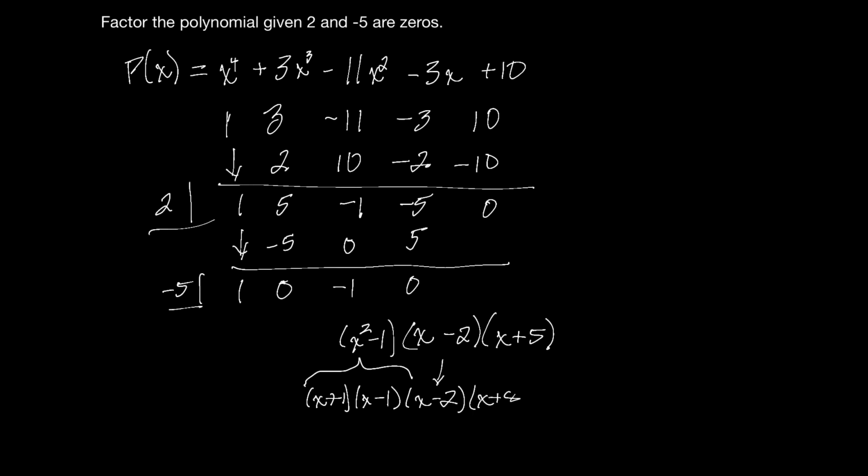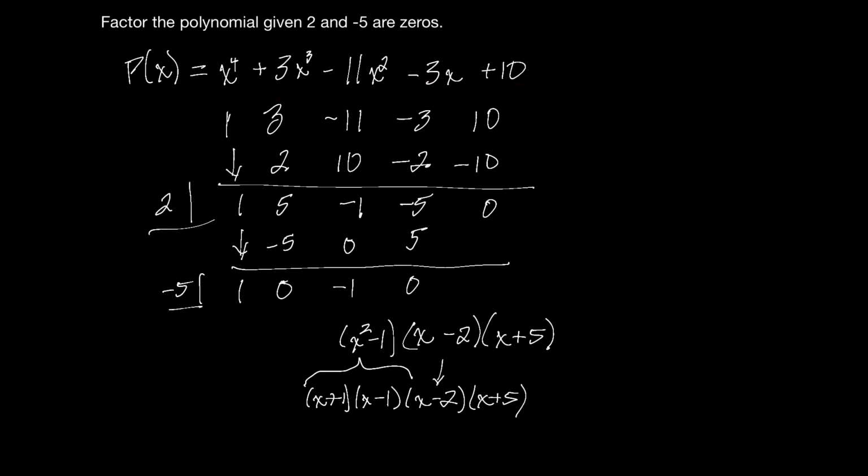So there you have it, there are all of the factors of this. By using synthetic division and being given 2 of the zeros, we are able to get 2 of the factors and the other quadratic factor, which we then factored. So now I have all of the factors of this long polynomial.